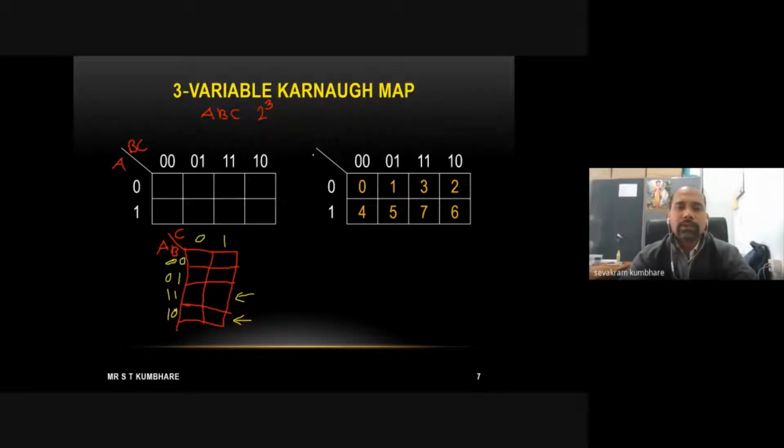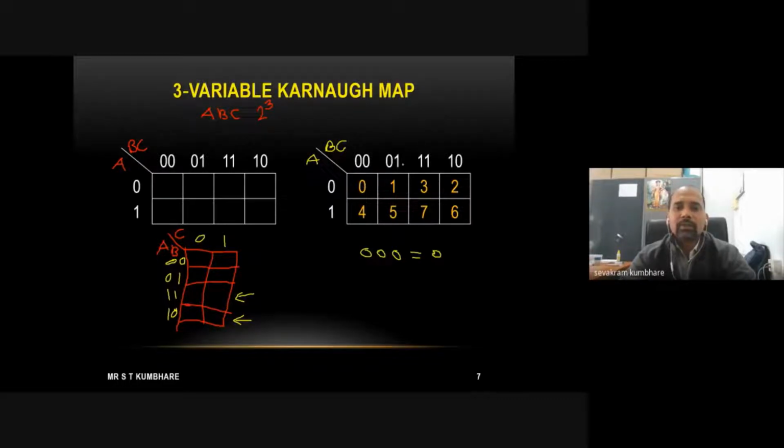So now, if you understand this, then we'll go to this. Here, let us say this is A, this is B and C. So this is 0, this is 0, this is 0. So 0 0 0 forms 0. That's why the decimal equivalent of this cell is 0.